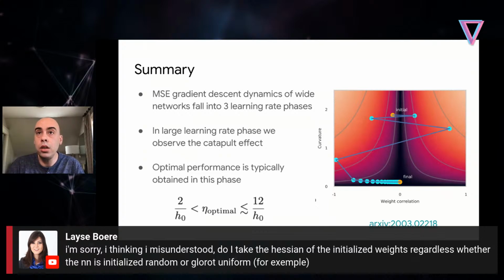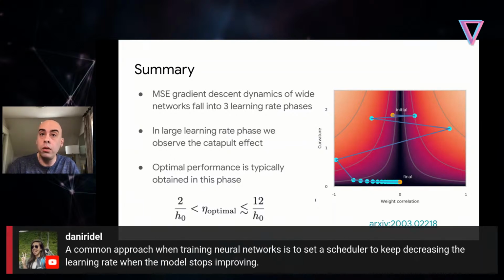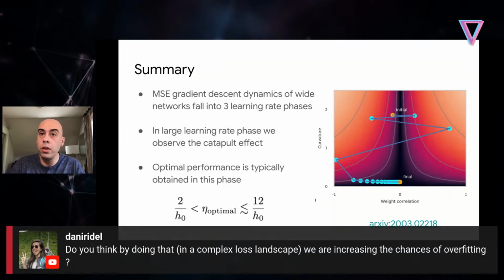Okay, another question. A common approach when training neural networks is to set a scheduler to keep decreasing the learning rate when the model stops improving. Do you think by doing that in a complex loss landscape, we're increasing the chances of overfitting? I would say it's really task dependent.